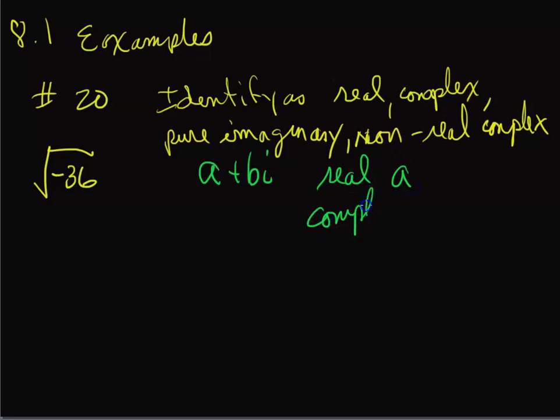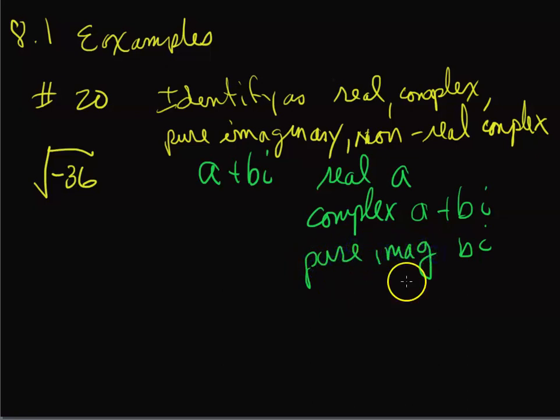Complex has to have an i in there. It could be a plus bi. It could be just bi. But if it were bi, then it would be pure imaginary. And non-real complex is a plus bi too.